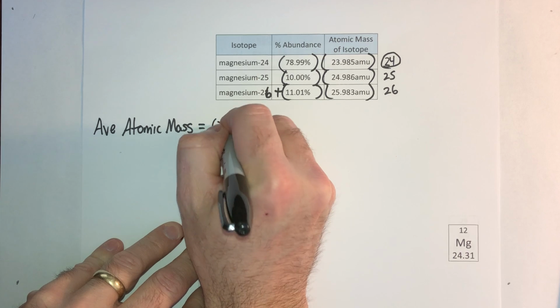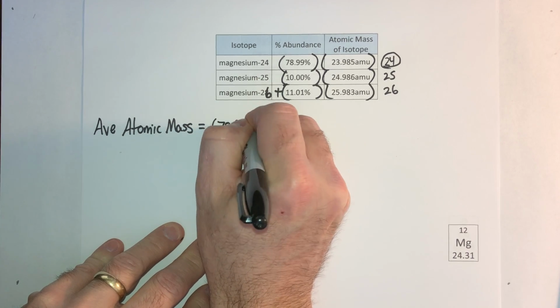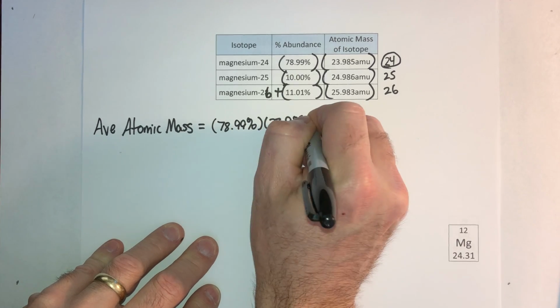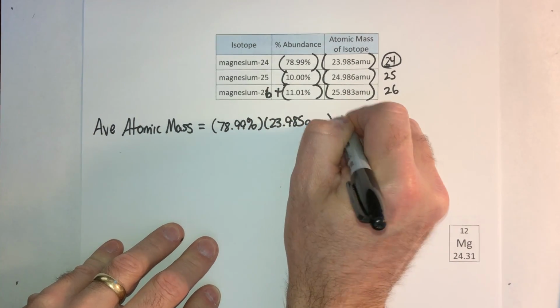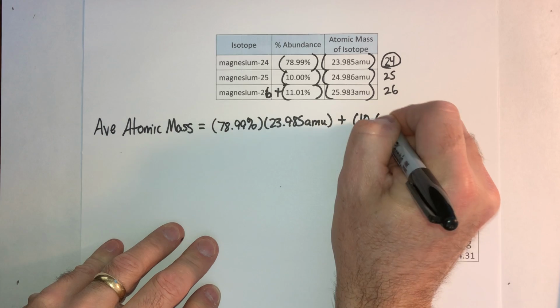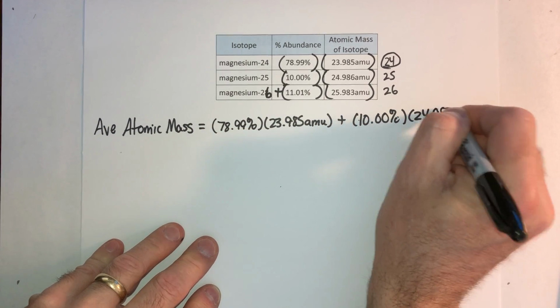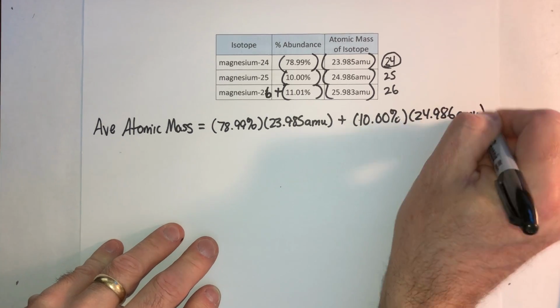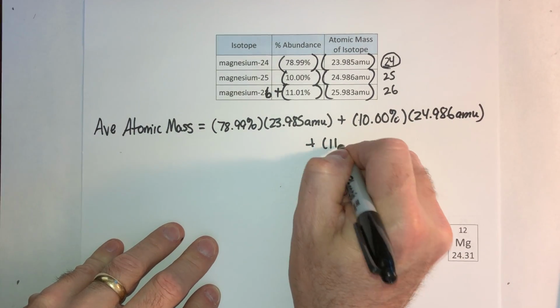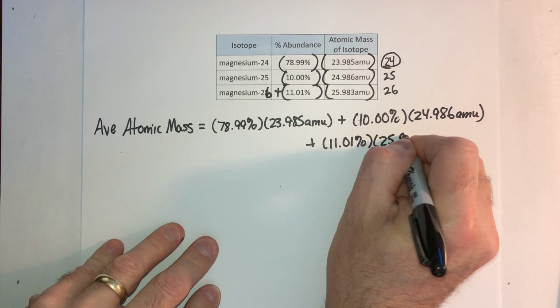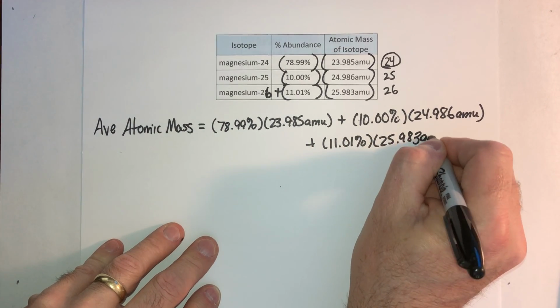So this would be 78.99% times 23.985 AMU plus 10.00% times 24.986 AMU plus 11.01% times 25.983 AMU.